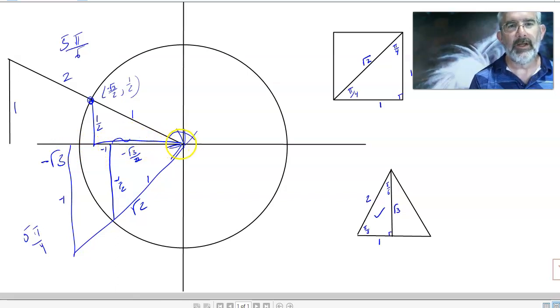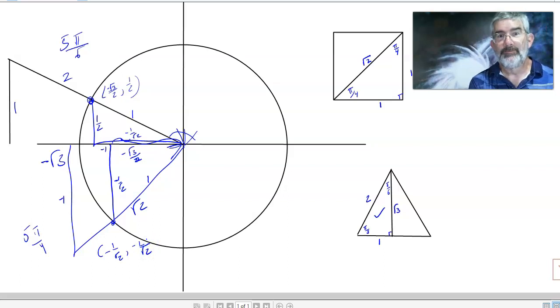But this length right there would be minus 1 over radical 2. So the coordinates of this point are minus 1 over radical 2, minus 1 over radical 2. You could find that on your chart, but you don't have to because you can create it right here. I knew this triangle, and so I've got that.